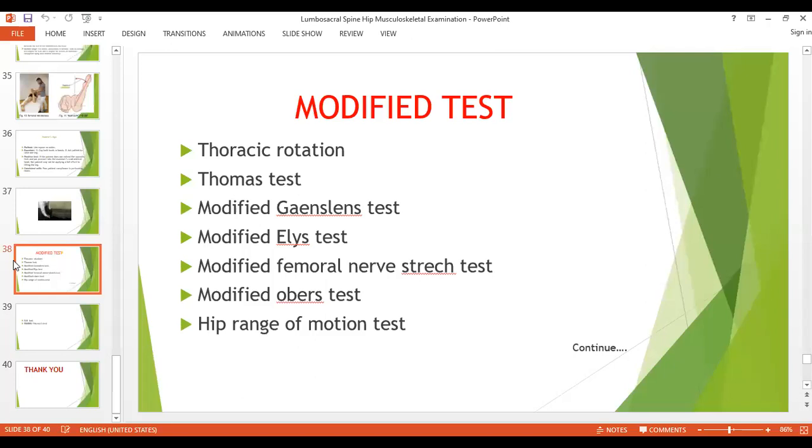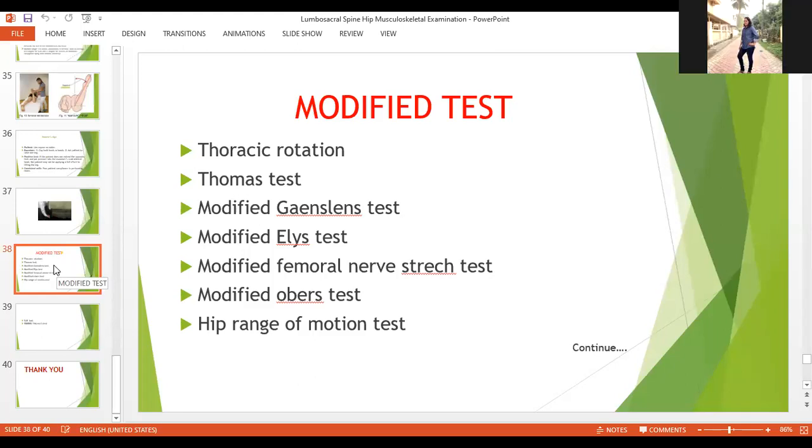Then you have to make the patient rotate right and left. If there is less than 45 degrees, the patient is not able to rotate, and it shows there is a thoracic or lumbar joint restriction. The restriction may be in the ribs, disc, or facet joint.